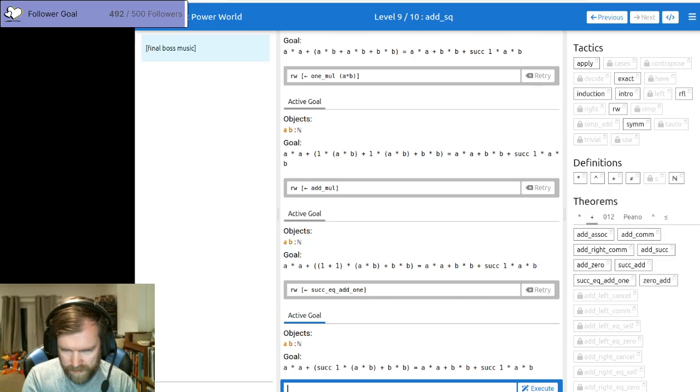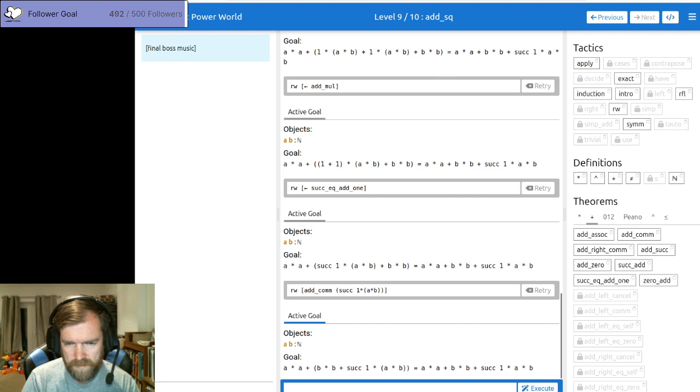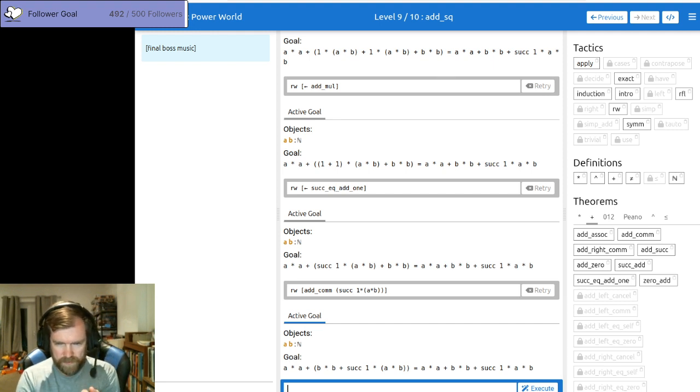Alright, so then we can say, let's rewrite the additive commutativity of the term that has succ 1 times a times b, like that. That flips those around. A times a plus b times b plus succ 1 times parentheses a times b. Excellent.